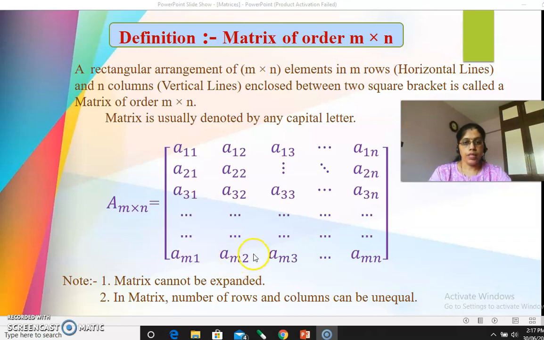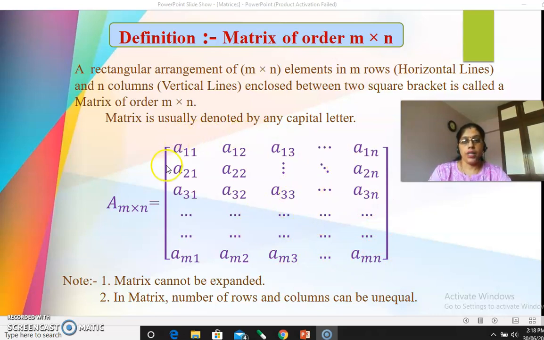Mth row, second column Am2, mth row, third column Am3, and the last one is Amn, because the element belongs to the mth row and the nth column. This way you have to denote or arrange the elements of an m by n matrix. Now remember, a matrix cannot be expanded; we cannot find its value.